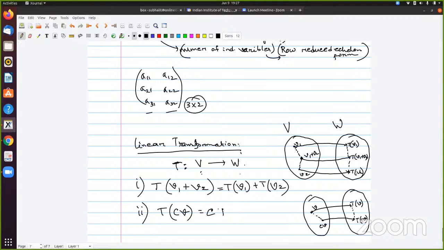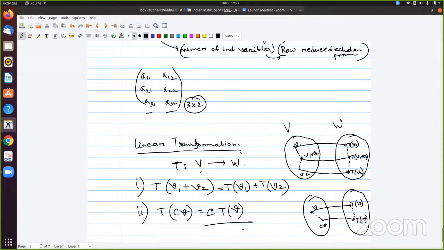If I multiply C with T V, then I should get the same element. If these two conditions are satisfied, then the structure is basically preserved. You can feel that, right? Because we are taking the addition operation to that side, and the scalar multiplication operation to that side. That's how we want our mapping to be. That's the motivation behind the definition.